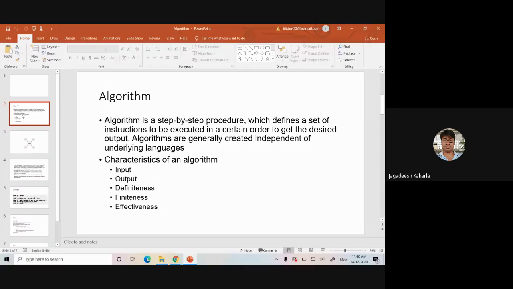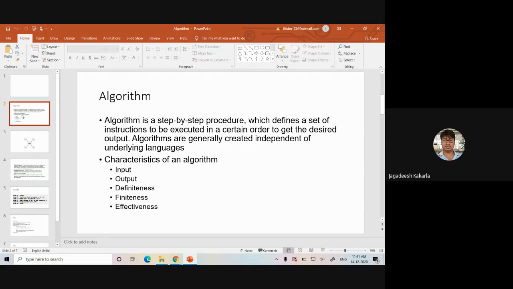Whether you are good at C or at Java, the algorithm is only one standard, which looks like English. Then the algorithm will be converted into a flowchart, or into a program based on the programming language. So the algorithm is independent of the programming language. Whatever programming language you want to use, the algorithm is a fixed one.